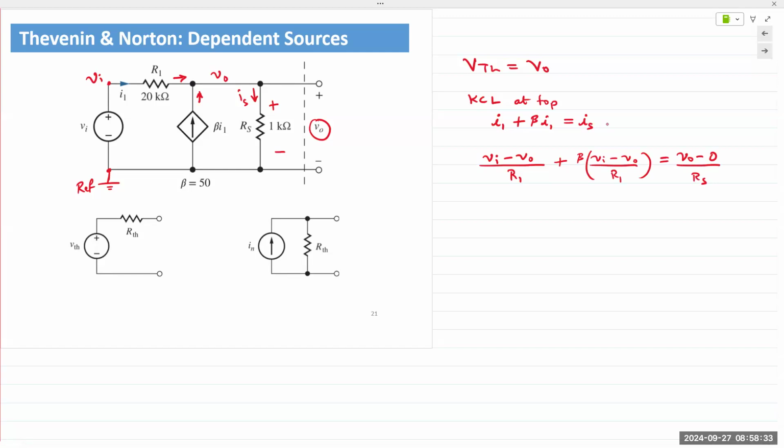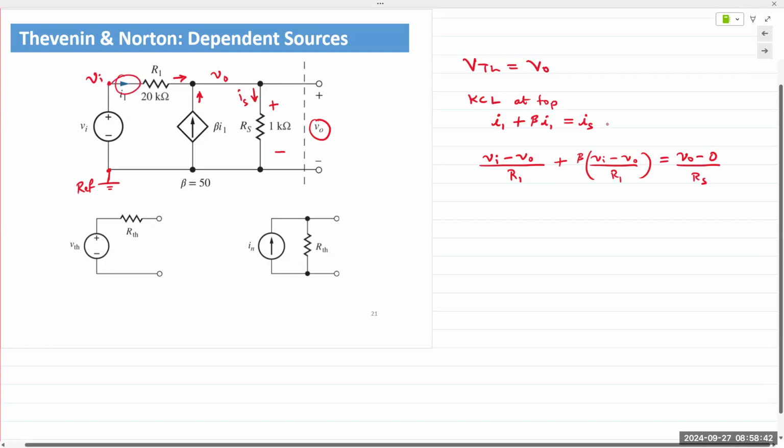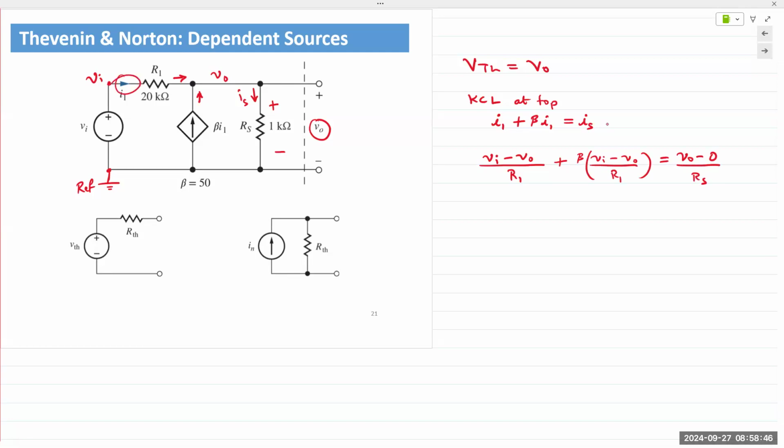So let me go over each one of those quantities. I1 is flowing from left to right, right? Current is like any other physical quantity, it always goes from high to low. Pressure always flows from high to low. Temperature always goes from high to low. Current also always goes from high to low.